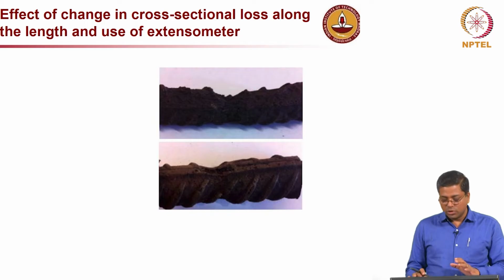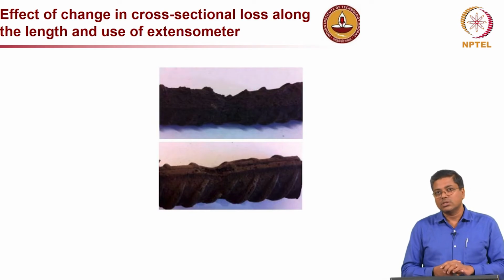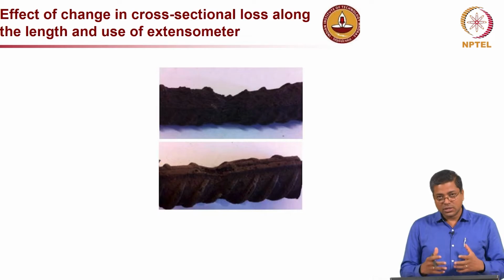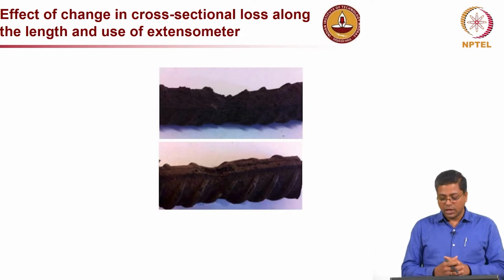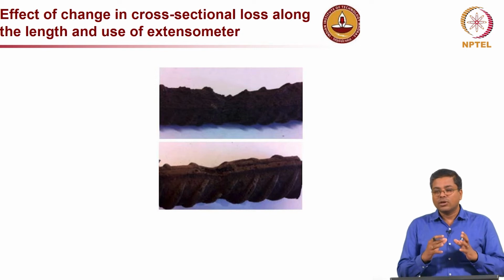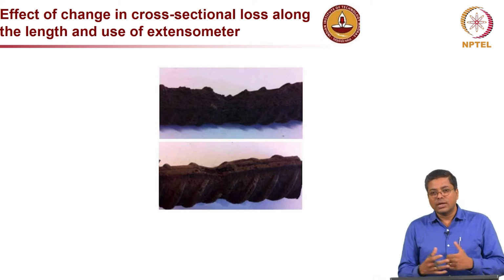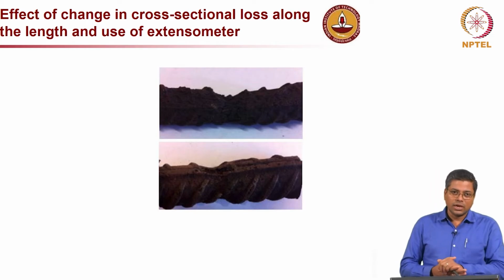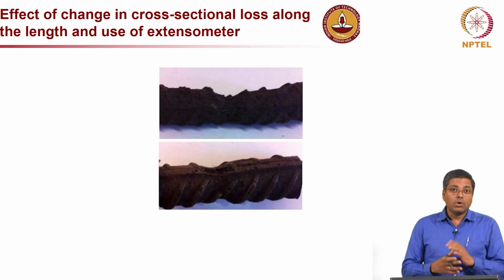I am going to show you the effect of such a change in cross-section loss on the stress-strain measurements. If you take a corroded bar and do a tensile strength test to get a stress-strain behavior, how correct could that be?